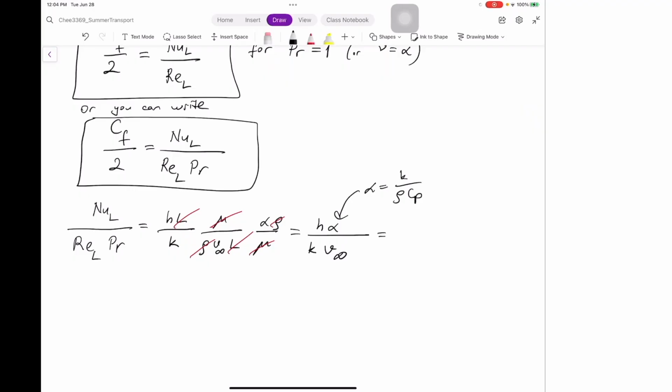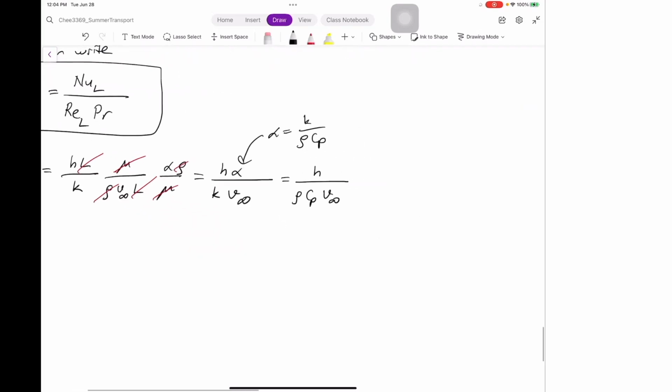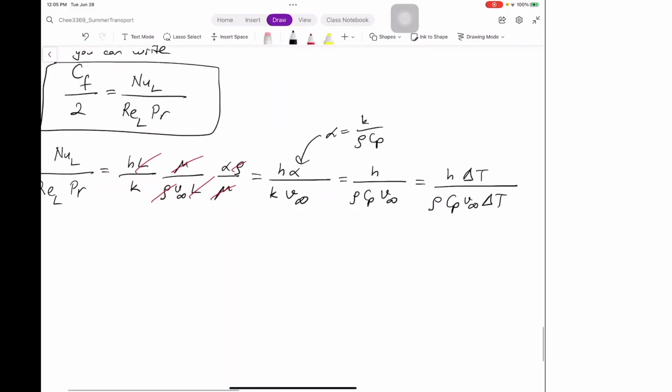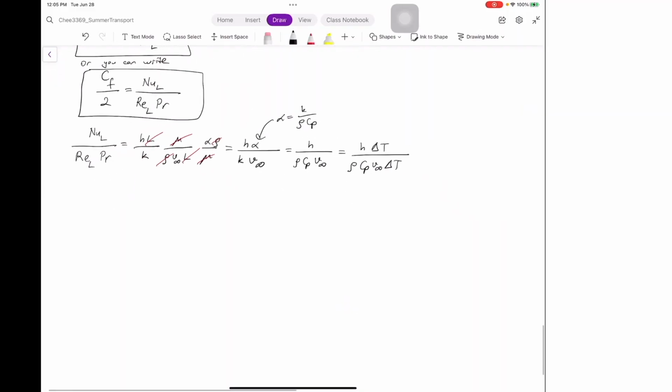And then you find h over rho Cp V infinity. And then let's multiply by delta T on both sides, h delta T. I just want to make the numerator look like Newton's law of cooling. Divide by rho Cp V infinity delta T. And let's have a look at the numerator and the denominator.